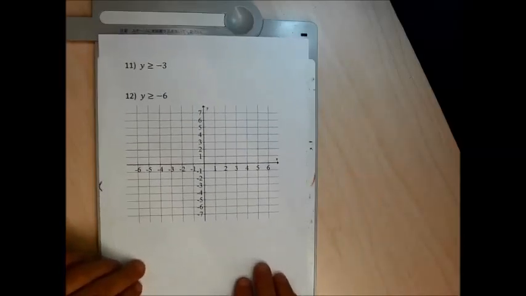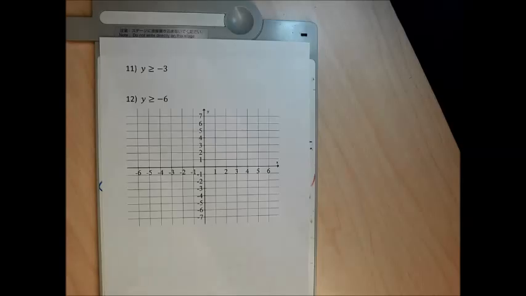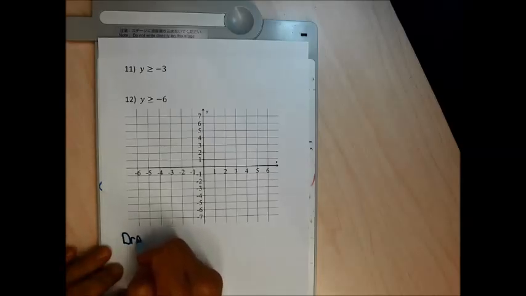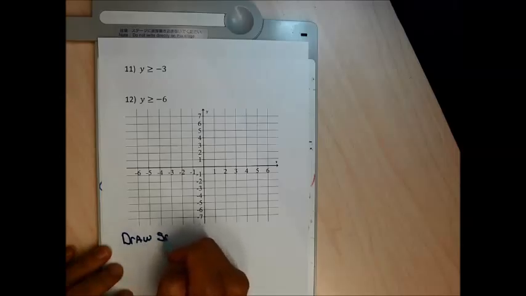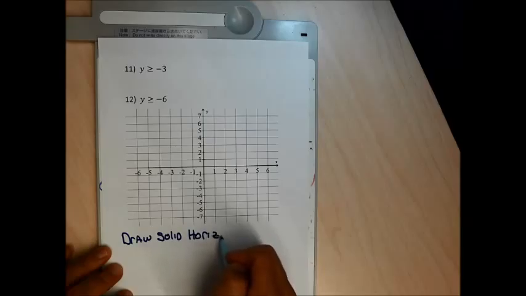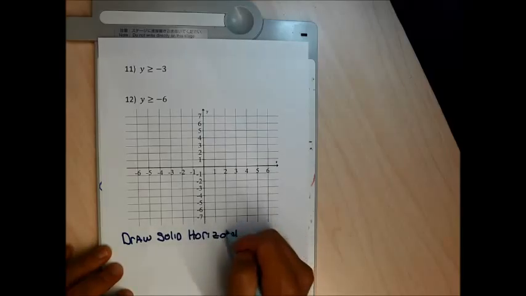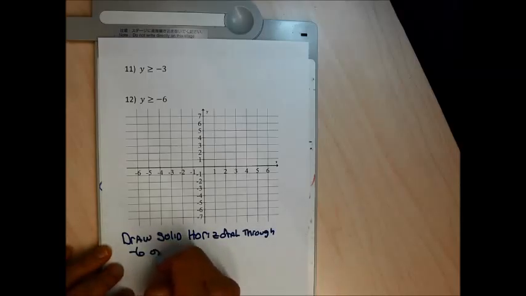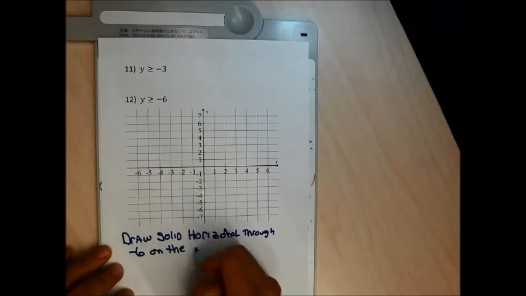For number 12, to graph y is greater than or equal to negative 6, I'm going to draw first a solid horizontal line through negative 6 on the y-axis.